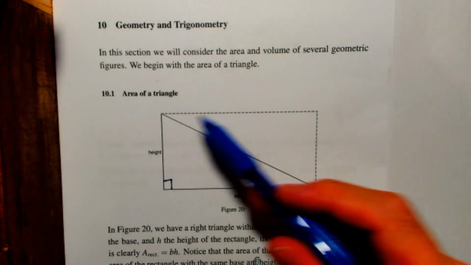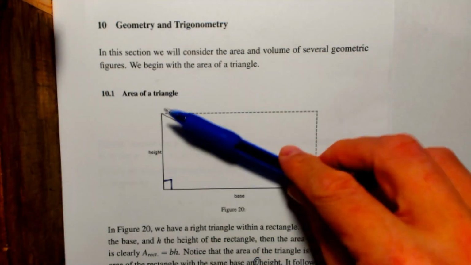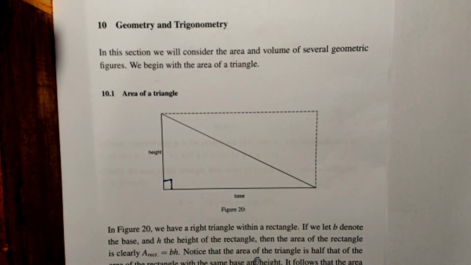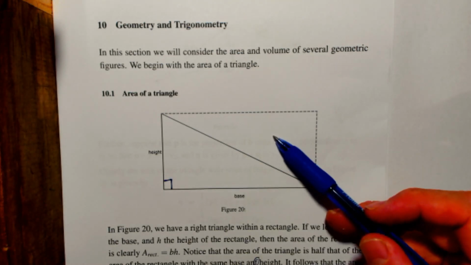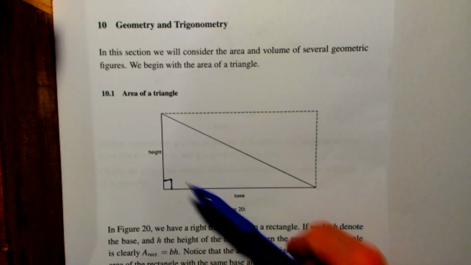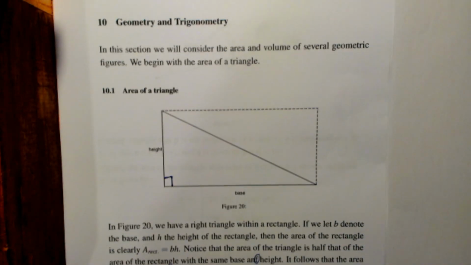Now first, the area of a rectangle is the base times the height. And so if you slice this rectangle down the diagonal, here we have half the area and here we have half the area, and so we can clearly see that the area of the triangle below is 1/2 the base times the height.